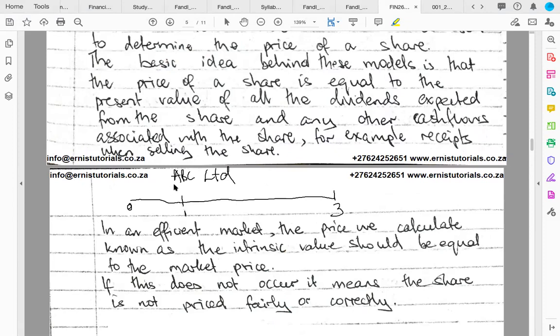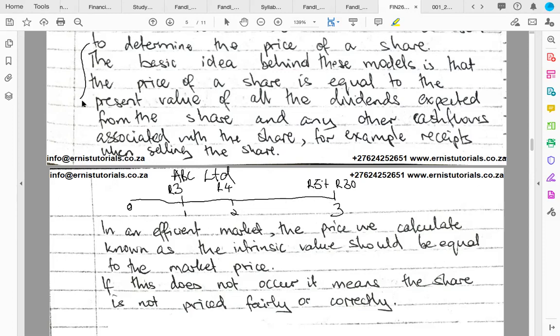After 1 year, I expect to receive a dividend of 3 Rand. After 2 years, I expect to receive a dividend of 4 Rand. And then after 3 years, I expect to receive a dividend of 5 Rand. And then I anticipate that I'm going to sell the share for 30 Rand. This is an anticipation given market conditions.